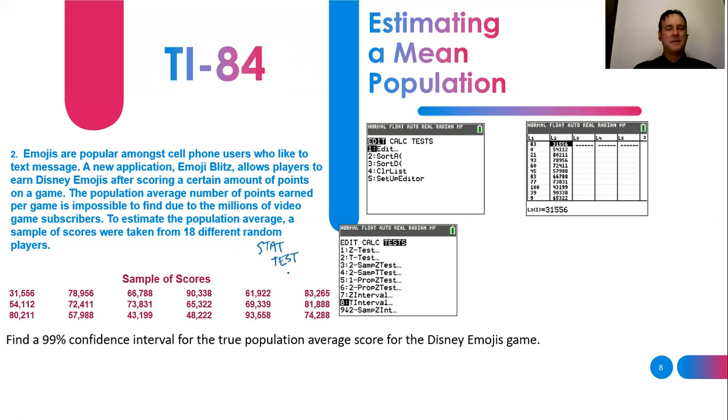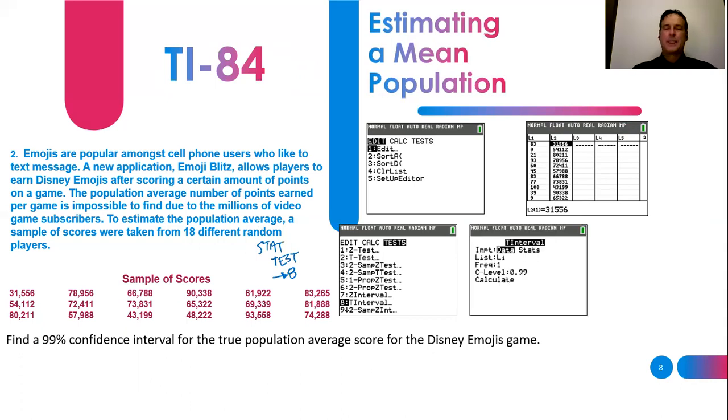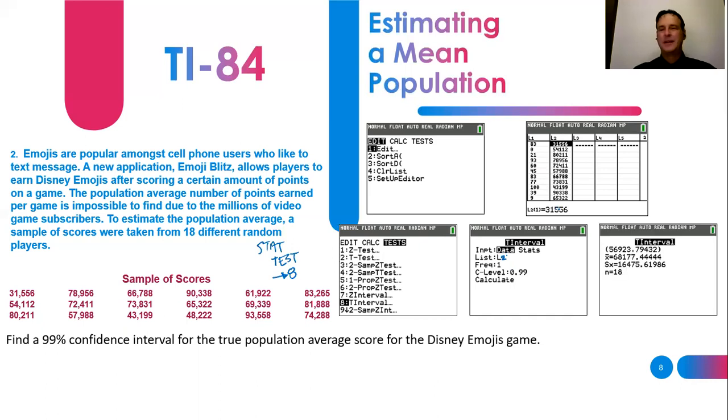And again, everything in this 8.3 will go to 8, T interval. Here's the slide I forgot before. This is data. All your data is actually in L2. So let me change that. It looks like an L2 right there. I'm going to put in 99% right here. But again, don't forget to put L2 there. Go down to calculate, and you end up with this.